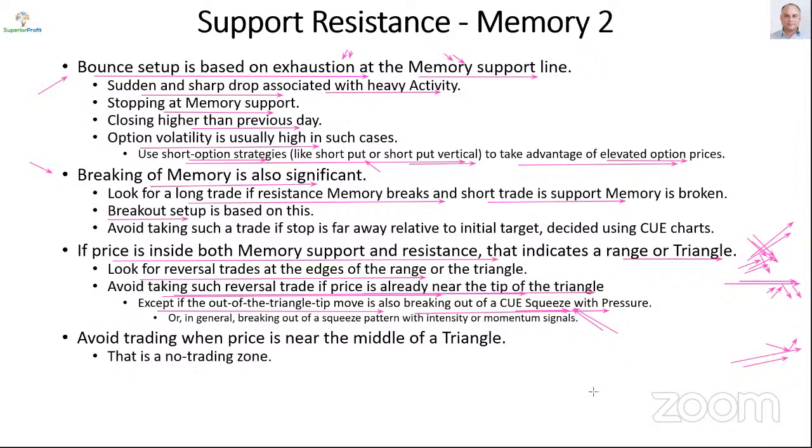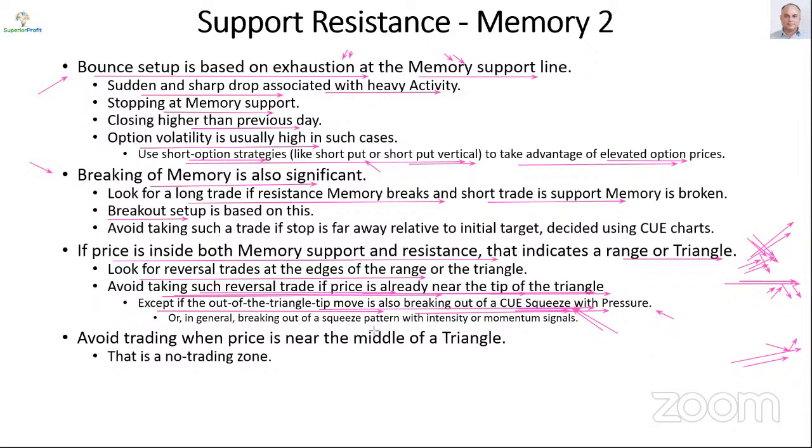It is possible it is near the tip of a triangle. And then if it is breaking out with pressure, then we don't mind taking the breakout if it is coming out of a squeeze. But if it is not coming out of a squeeze, then breakout from the tip you may avoid. Because by the time it comes to the tip of the triangle, the momentum is not very clear. We may wait to see the direction. The exception is when it is also moving out of Q squeeze with pressure.